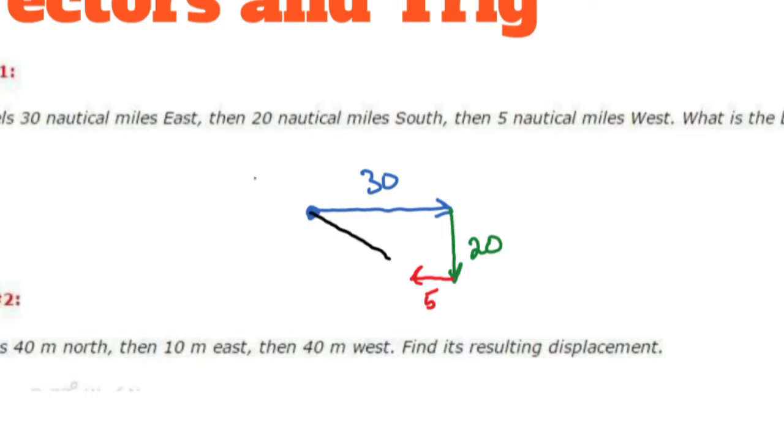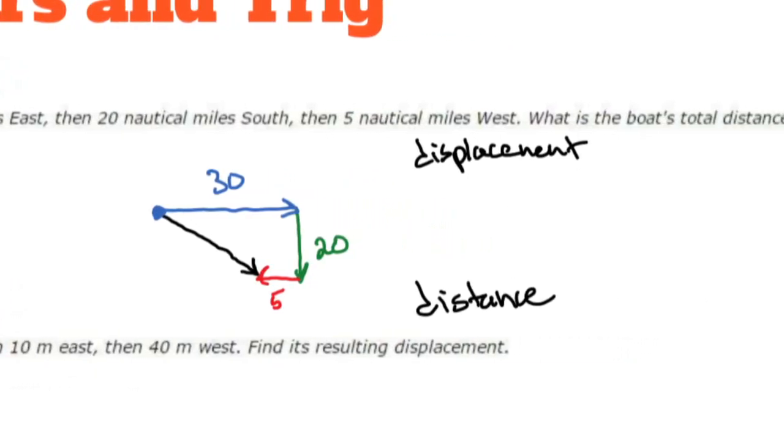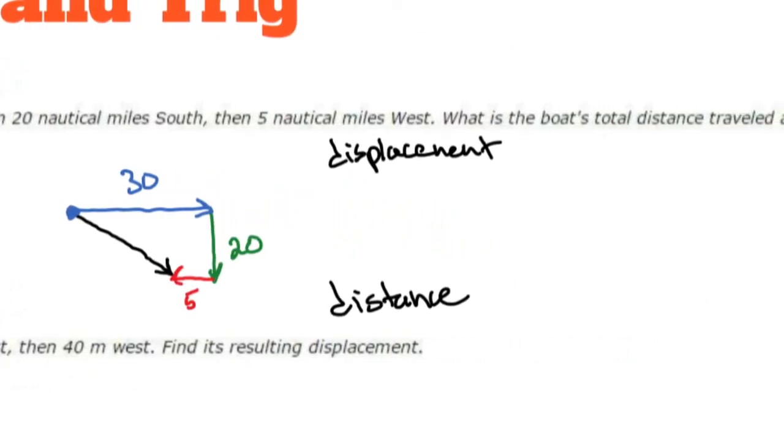So this black arrow is the displacement, and the distance has no direction associated with it. The distance is just how far you went. So let's start with the distance, because that's going to be the easiest to calculate.